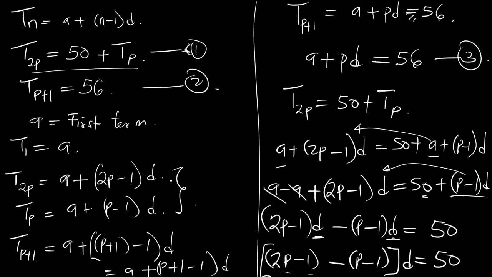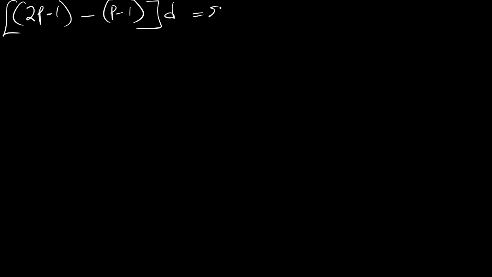Now let's go to the next page. On the next page, we have (2p minus 1 minus p minus 1) times d equal to 50. Now let's open up this bracket.